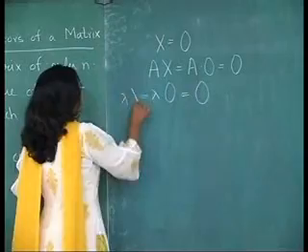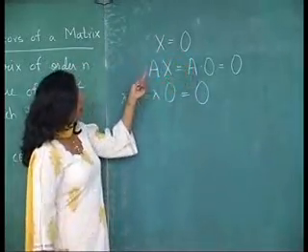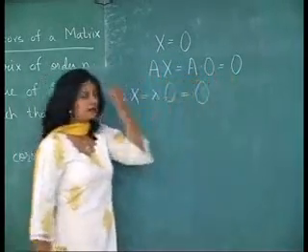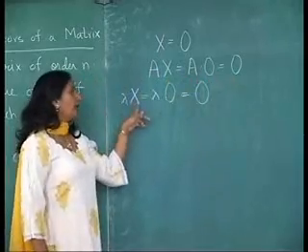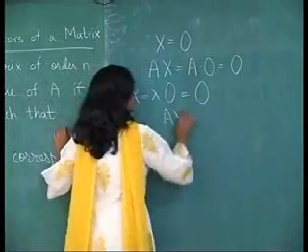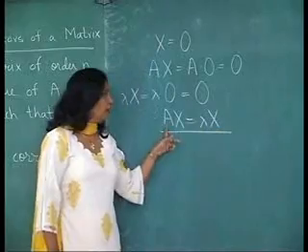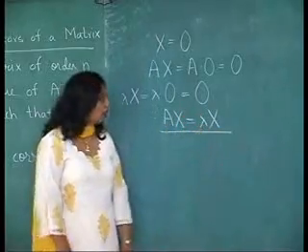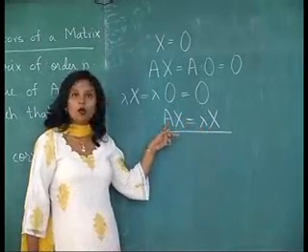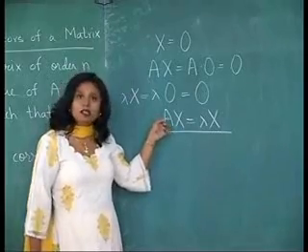That means if I allow x to be 0, then for any square matrix A, A into x will be the 0 matrix, and for any lambda, lambda into x will be the 0 matrix. That means this equation will be satisfied for any lambda, and therefore every scalar will be an eigenvalue of A. So there is nothing dependent on this matrix.